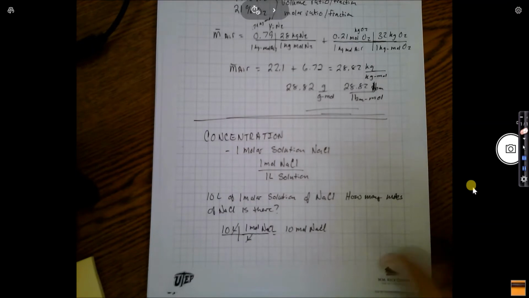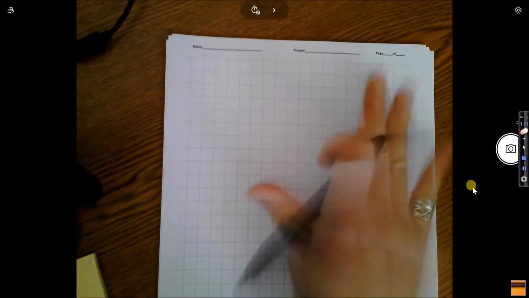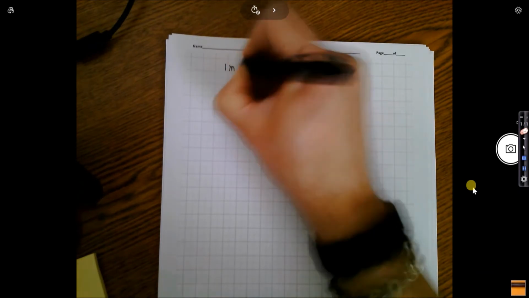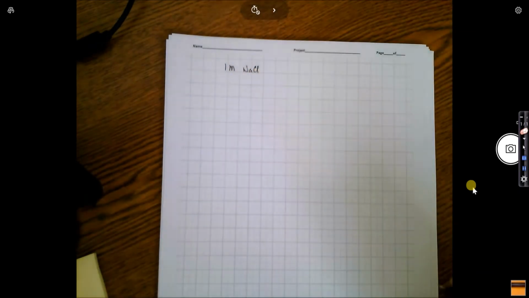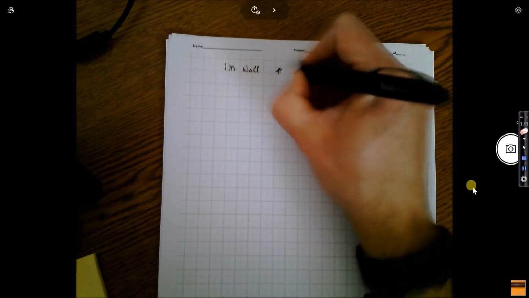Let's look at a slightly more complex type of problem. We'll stick with a 1 molar solution of sodium chloride. Let's say this sodium chloride has a specific gravity of 1.06.